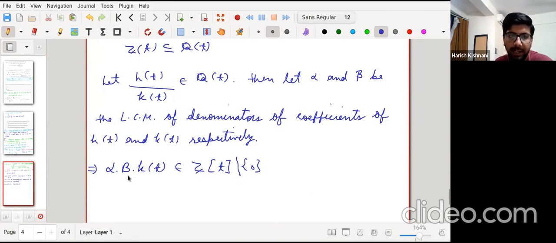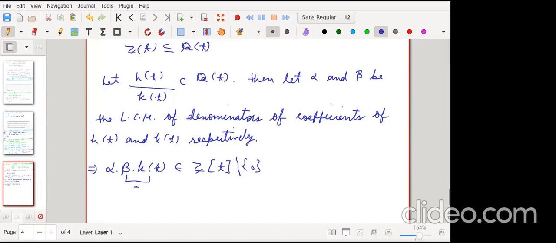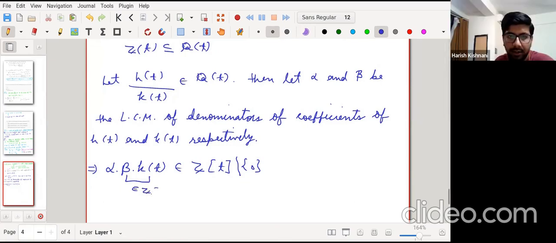Because once you apply beta with k(t), as it is the LCM of the denominators of k(t), multiplying individually with each coefficient cancels out the denominator part and only the numerator part is left. It belongs to Z[t], and alpha times this will also be inside Z[t] because alpha is an integer.